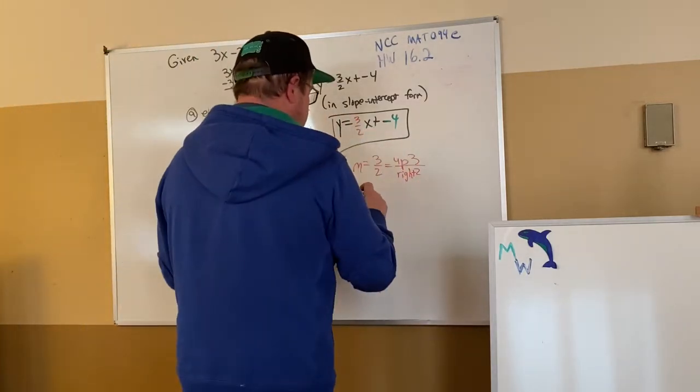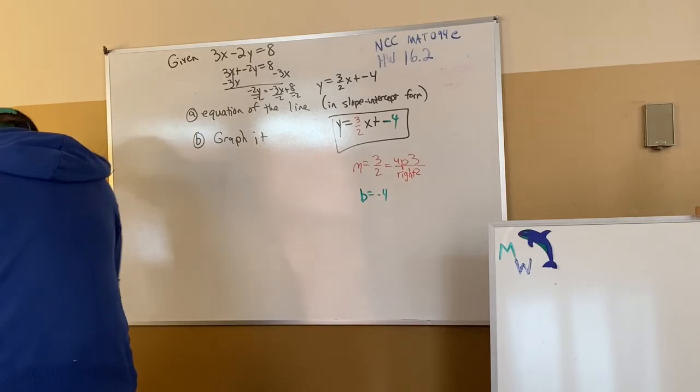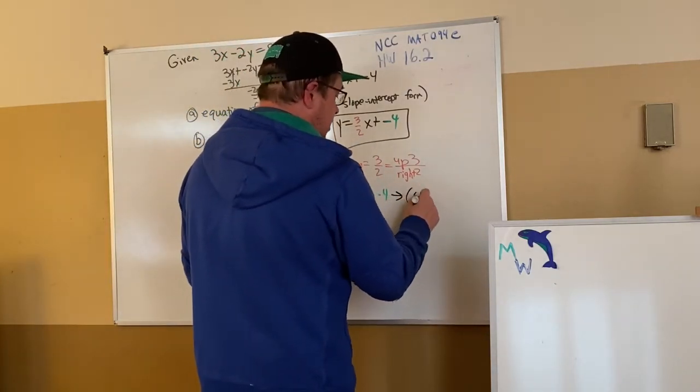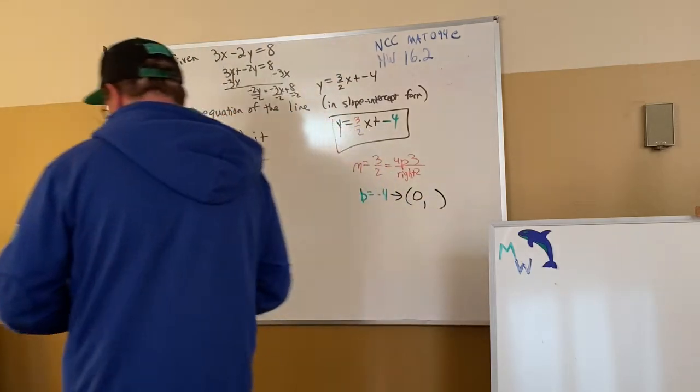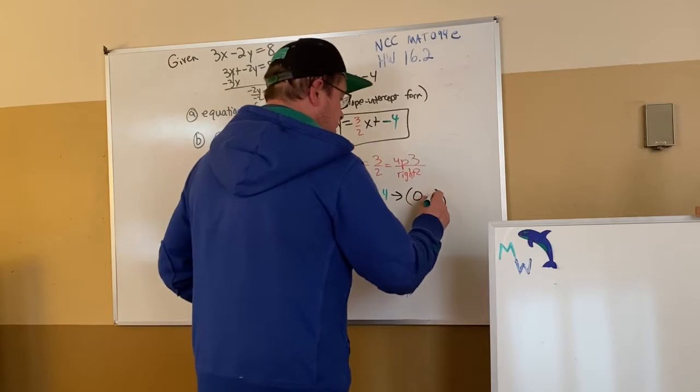The b value right there is -4, which tells me now that's actually a point that I can graph. It's going to be the y-intercept, and that's going to come at me with a 0 for its x. It's going to be in parentheses, have a comma in between the coordinates, give me 0, -4.